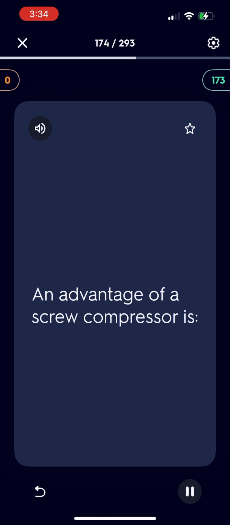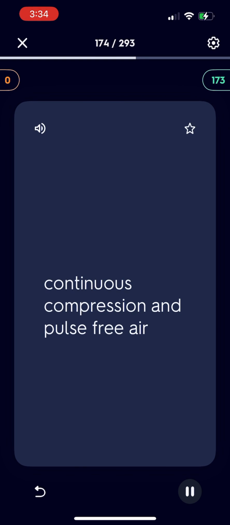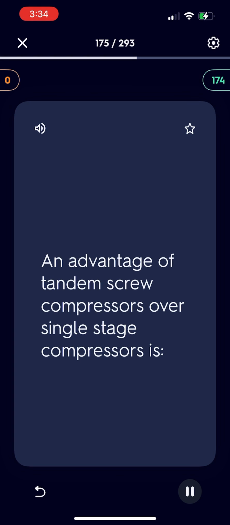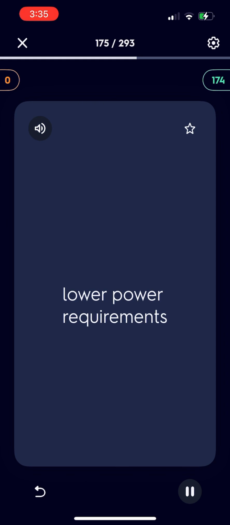An advantage of a screw compressor is continuous compression and pulse-free air. An advantage of tandem screw compressors over single-stage compressors is lower power requirements.